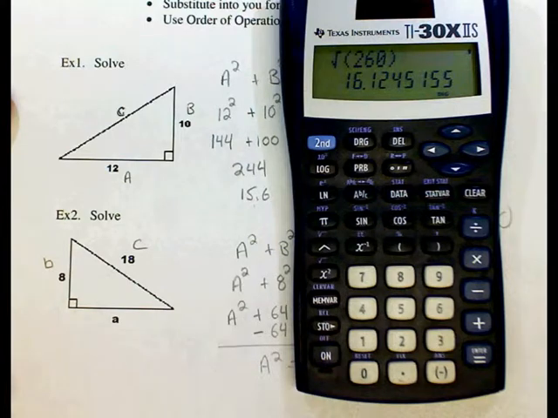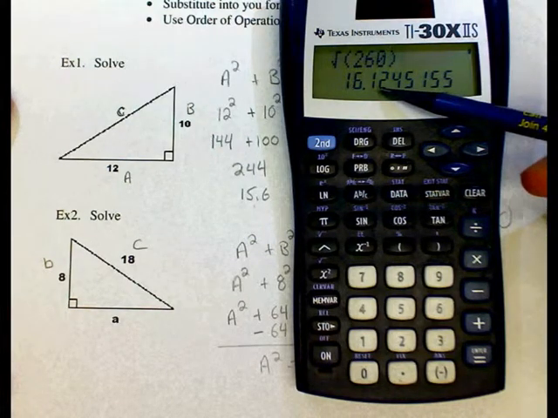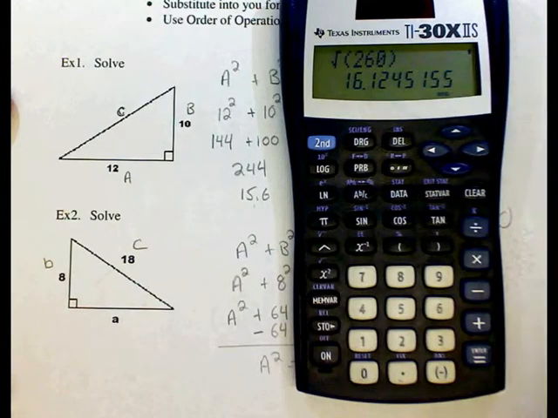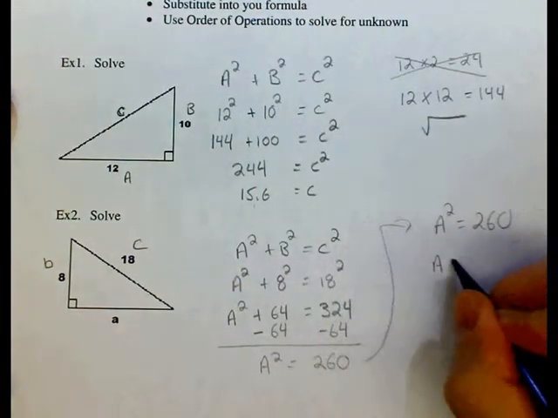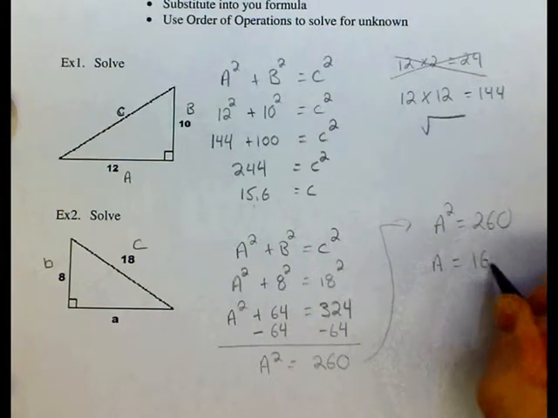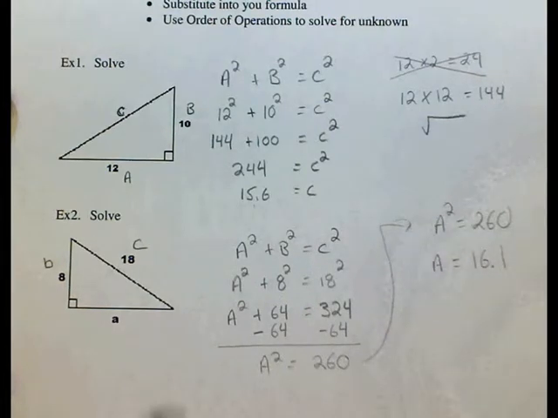And again, one decimal place, so the 2 rounds down, 16.1. So my A equals 16.1. And again, I don't have any units on my diagrams, so I would have no units in my answers. So again, A was 16.1.